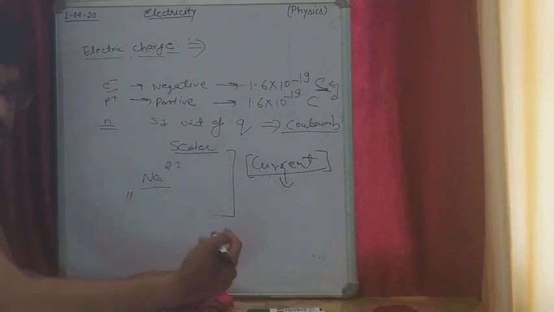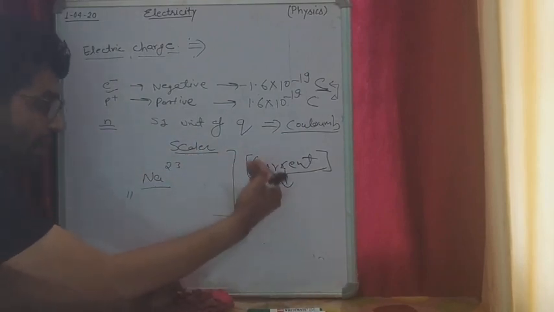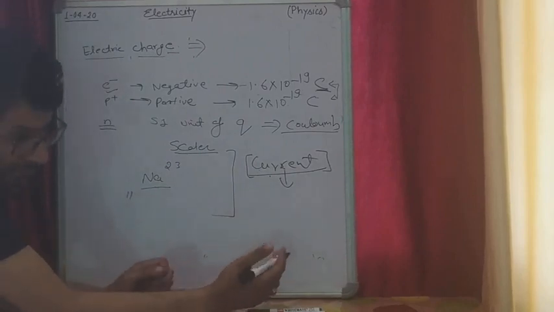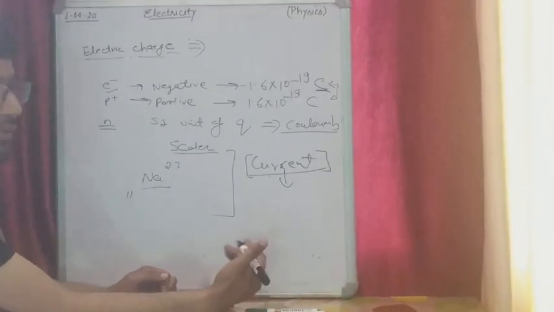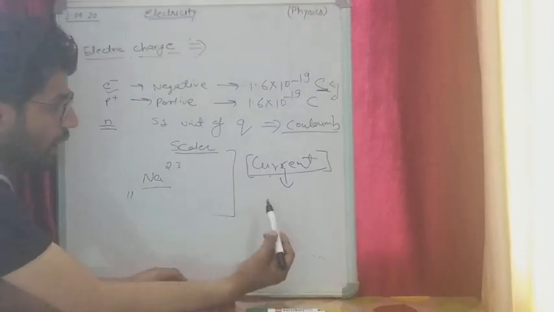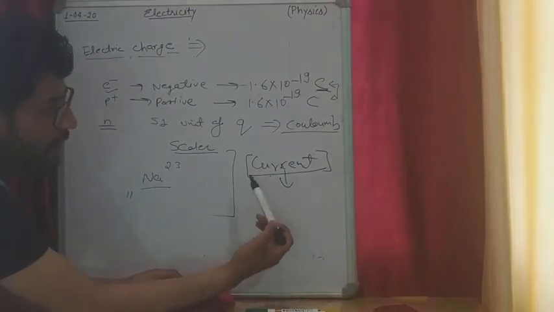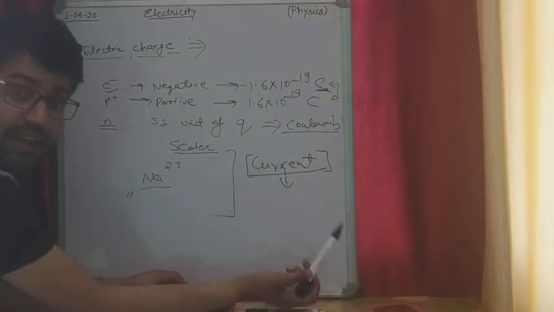When charge moves, that is electric current. We can relate this with water current or air current. When electric charge flows, you can say that is electric current.